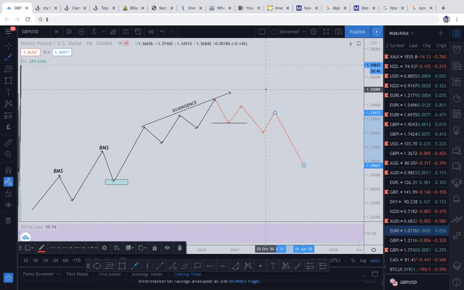It is key to be able to identify this shape that I've given you right here. If I were you, I'd probably be taking screenshots and pasting it in front of my computer every single time I'm going to trade and make sure that I see this shape. If I don't have it, it means I do not have a trade.